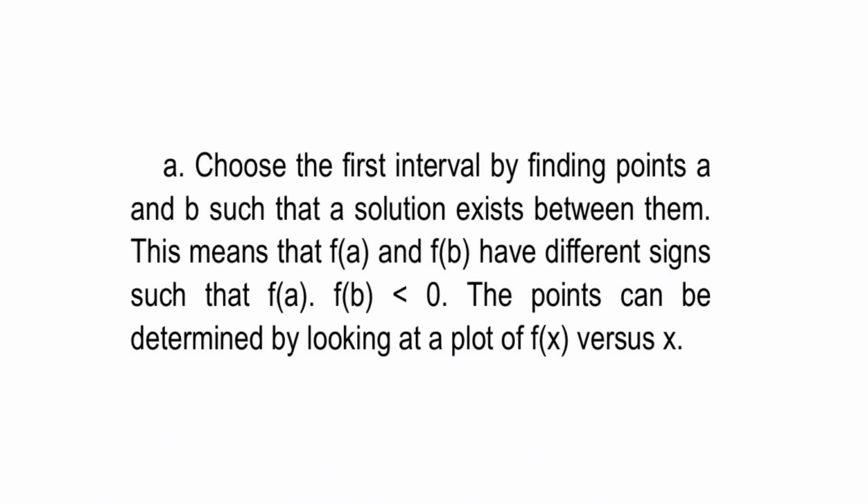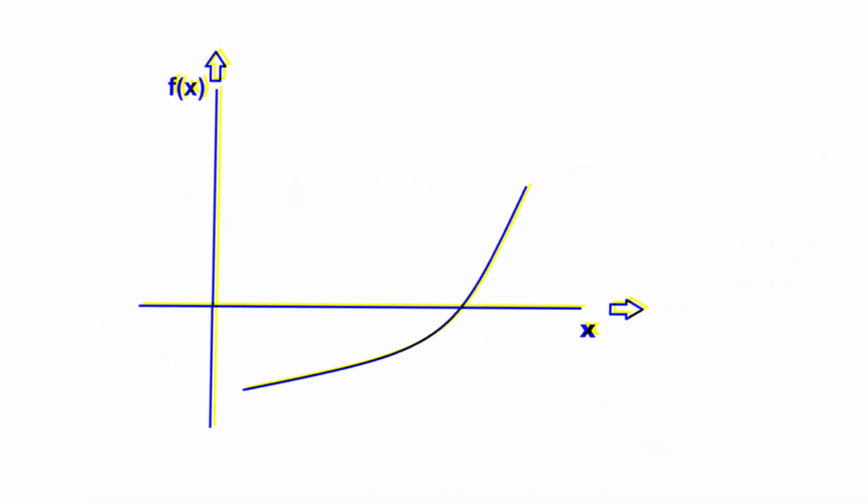So first, choose the first interval by finding points a and b such that a solution exists between them. This means that f(a) and f(b) have different signs, such that f(a) multiplied by f(b) is less than 0. The points can be determined by looking at a plot of f(x) versus x.